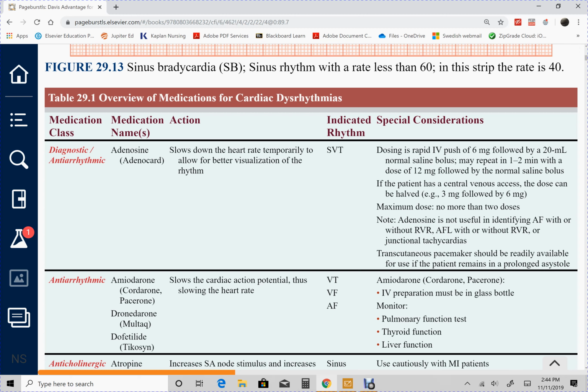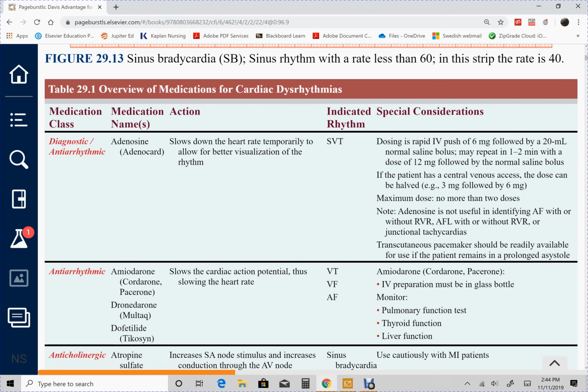This is how the author organized the chapter, so we'll just have to work with it. She put the medications in this table, so you're going to have to go back to this section of the chapter when studying.